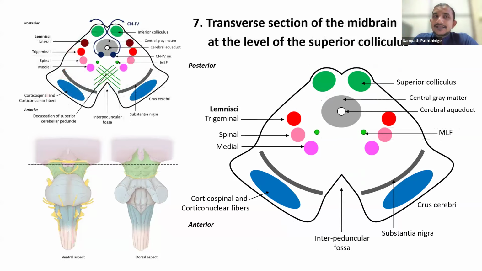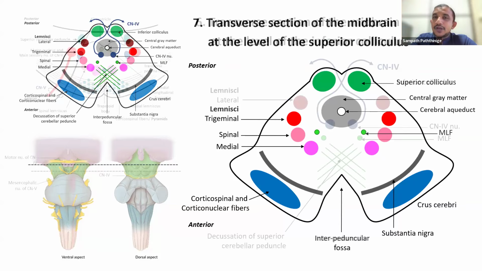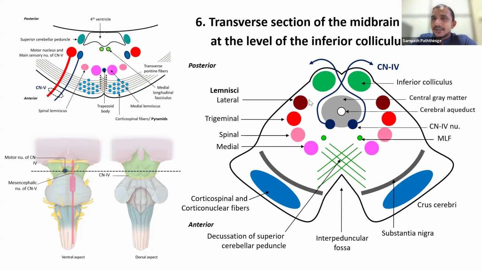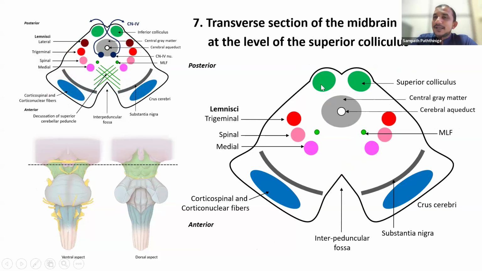So the next level, the uppermost level, would be very much similar, except that you do not find the lateral lemniscus there, because the lateral lemniscus is a component of the hearing pathway. The fibers of the lateral lemniscus leave the midbrain by entering the inferior colliculus. So by the time you come to the superior colliculus, that hearing pathway is not there.